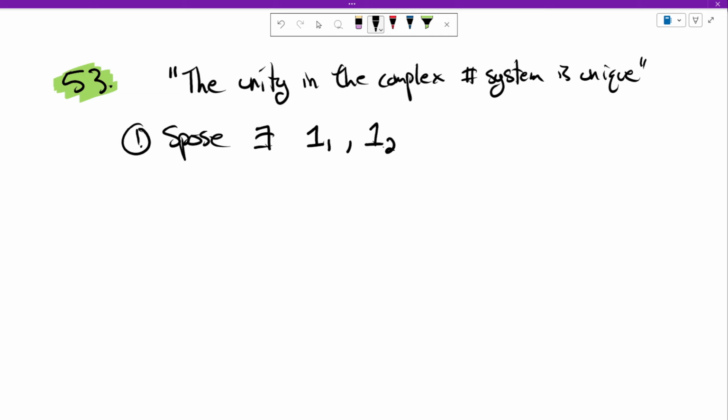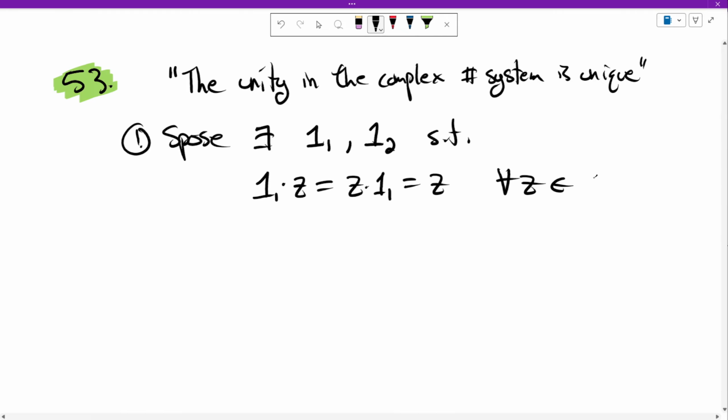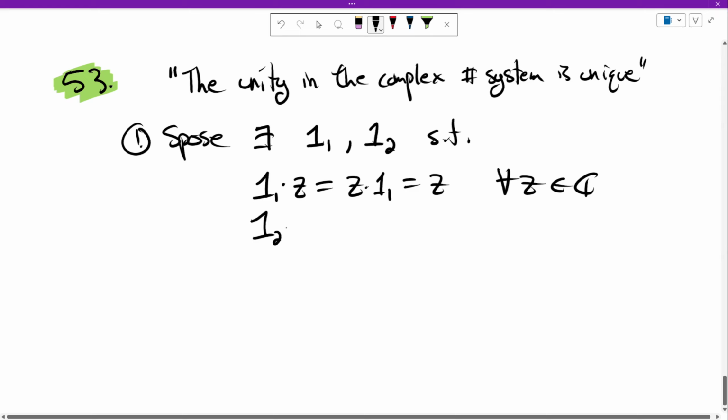There exist a 1_1 and a 1_2 such that 1_1 times z is z times 1_1 is z for all z in C, and the same thing for 1_2. So they both behave like the number 1.